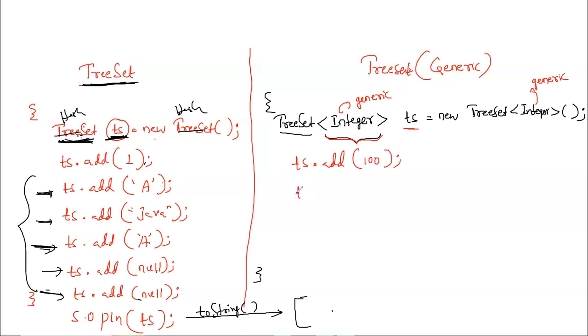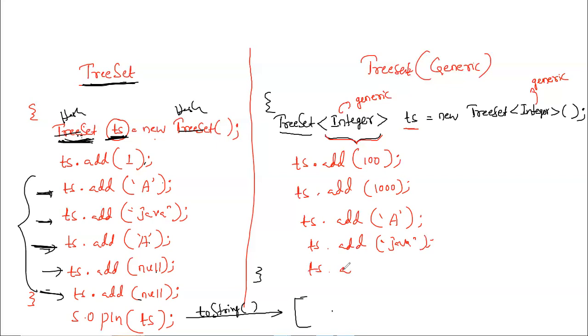Now when we try to add ts.add(100), will it allow? Yes. If we try ts.add(1000), will it allow? Yes. Now when we add ts.add of some character 'a', allowed? Next when we try to add ts.add of some string, allowed? No. Then next when we try to add ts.add(null), will it allow? Allowed or no?